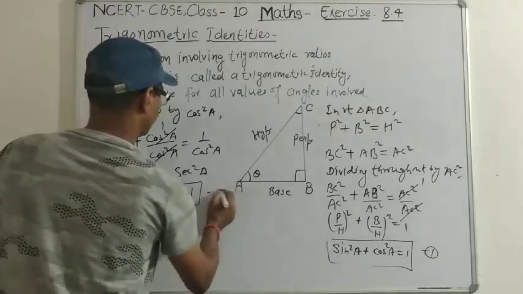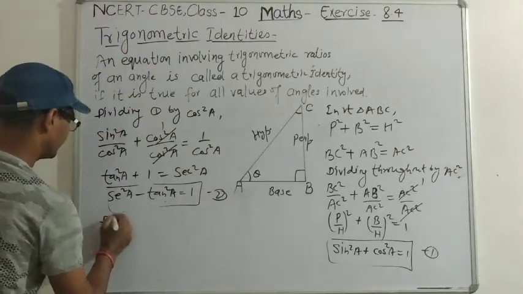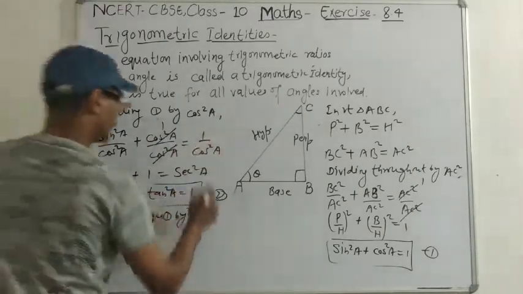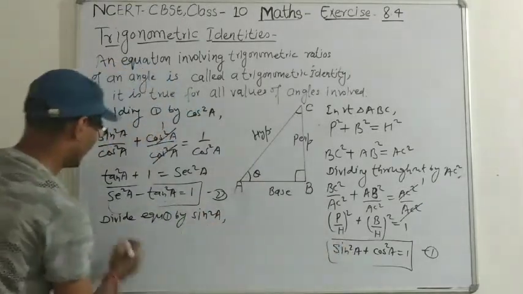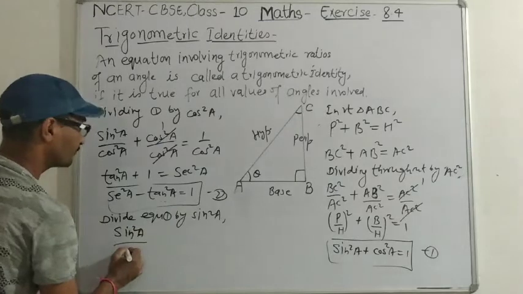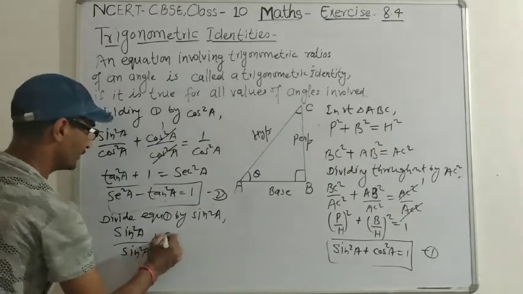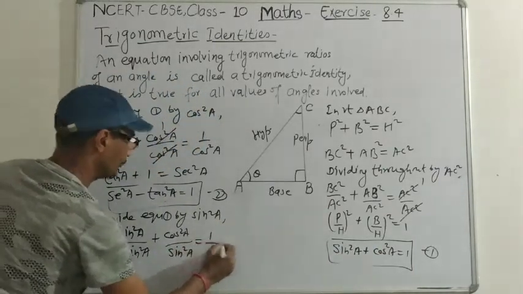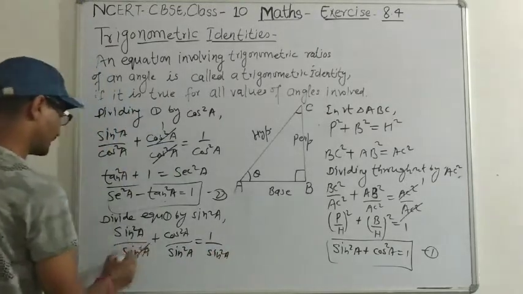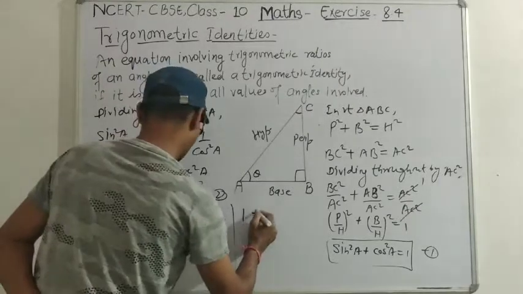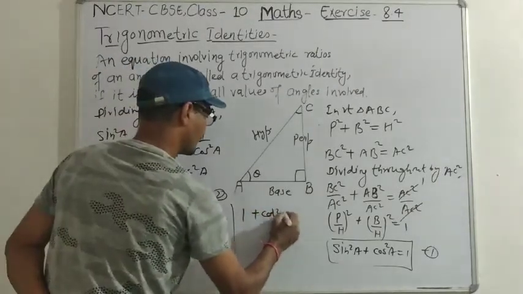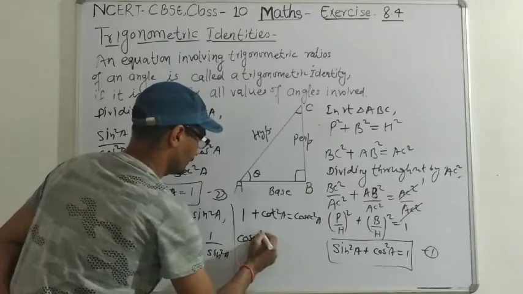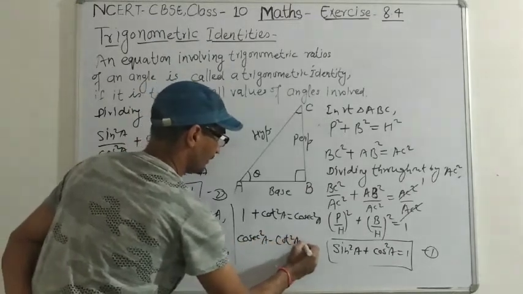Again, dividing equation 1 by sin square A on both sides, each and every term is divided by sin square A. Sin square A by sin square A cancels to 1, plus cos by sin is cot, so cot square A, equal to 1 by sin, which is cosec square A. So we can write cosec square A minus cot square A equal to 1.